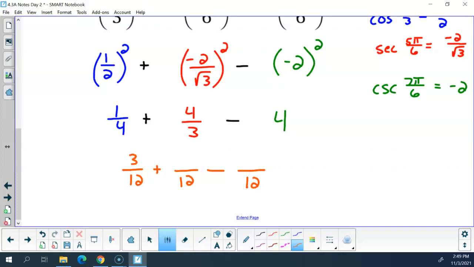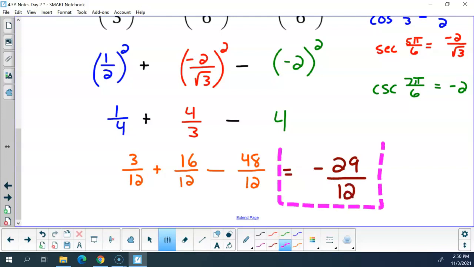Second one, 16. Third one, 48. 3 plus 16 is 19. Minus 48 is -29. 4 times 12 is 48.